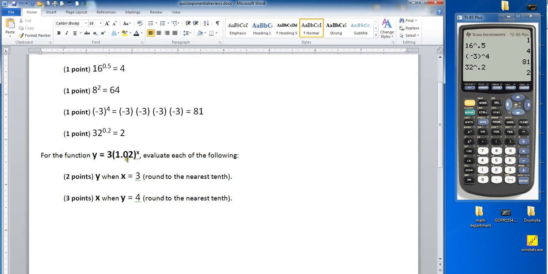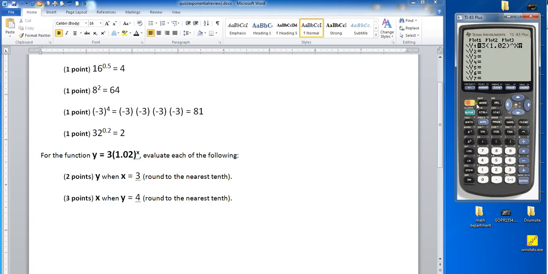Use the function y equals 3 times 1.02 to the x to evaluate each. So this is fun. This is 3 somethings invested into some account that grows at 2% interest per, say, year. That's the context after last week. The hint I gave some folks was just to enter this as a function, just like we've been doing in class with the quadratics and other things, except the variable is now up there.